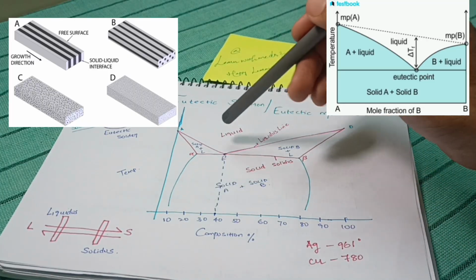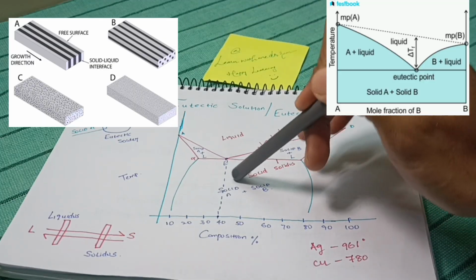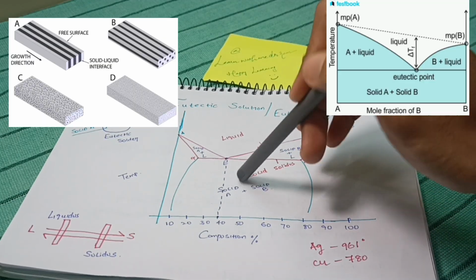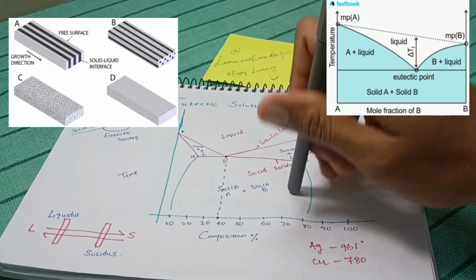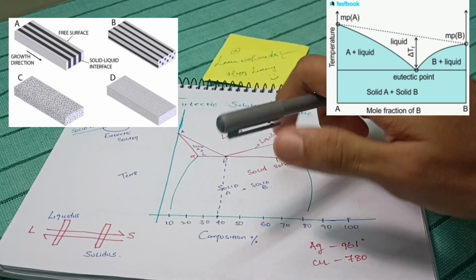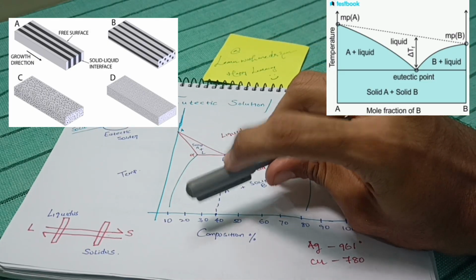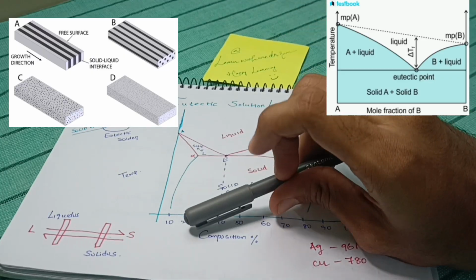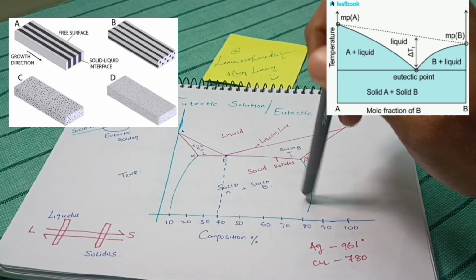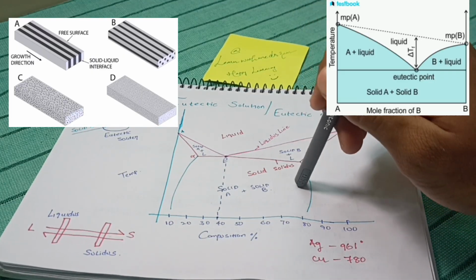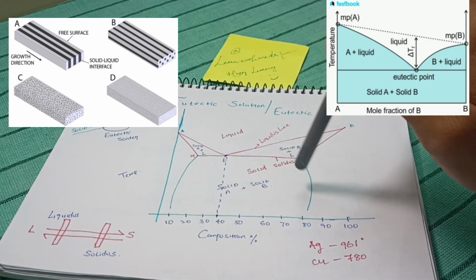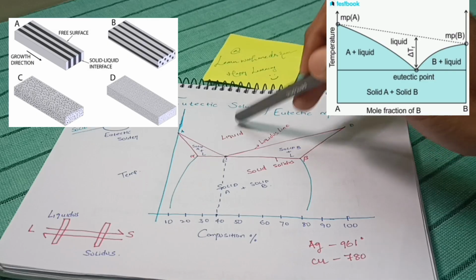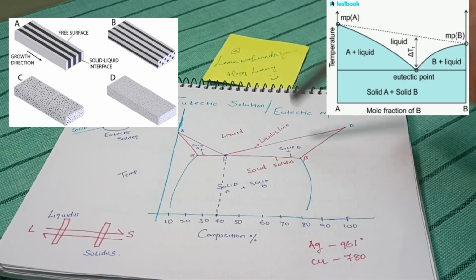But if we gradually cool it and it transforms into a solid state, then we can differentiate the parts. This differentiation of metals in a monoblock phase is the main characteristic feature of a eutectic solution or eutectic mixture.